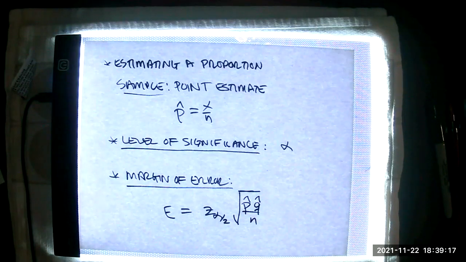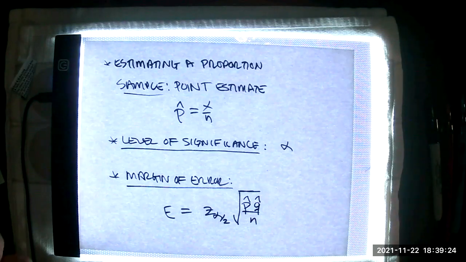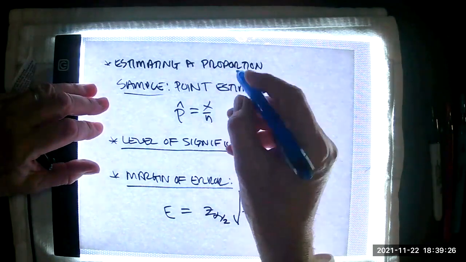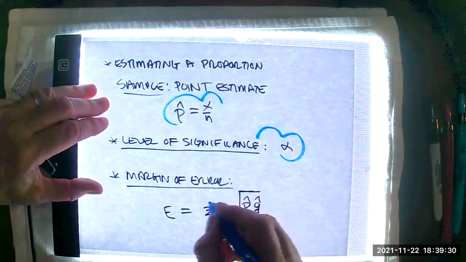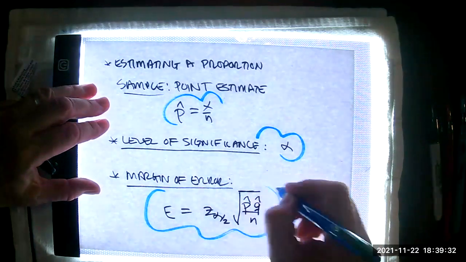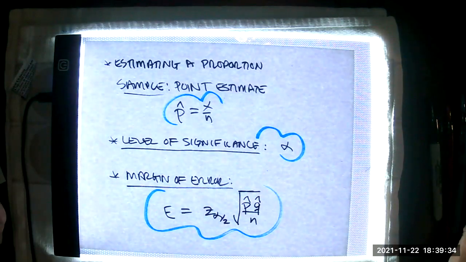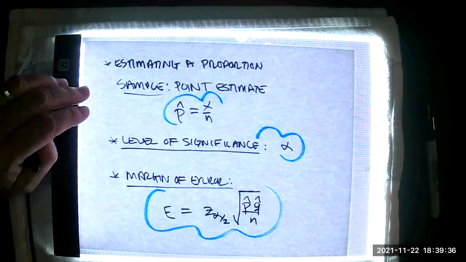And I have that formula there because it's one of the few formulas you may be required to actually use during your quiz. Given data, a point estimate, and a margin of error alpha, I can ask students to go ahead and find this margin of error.